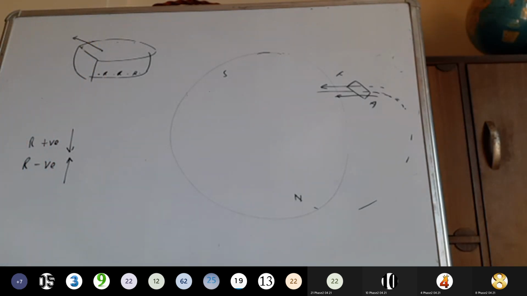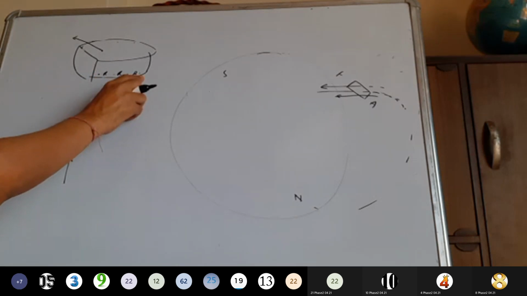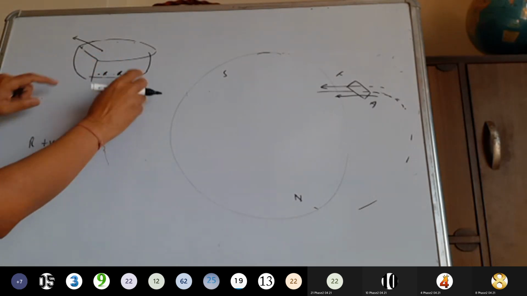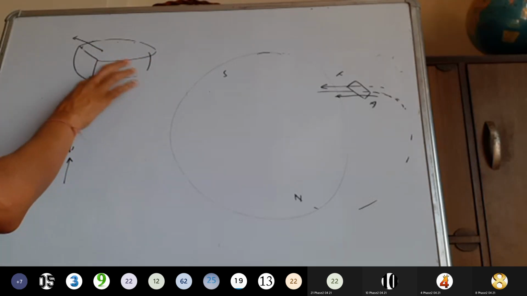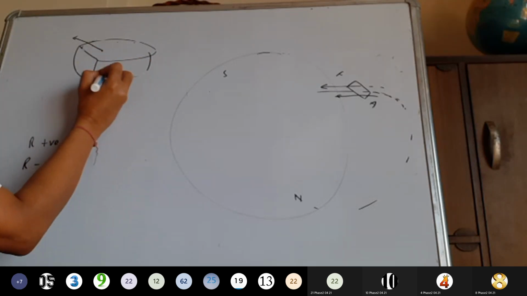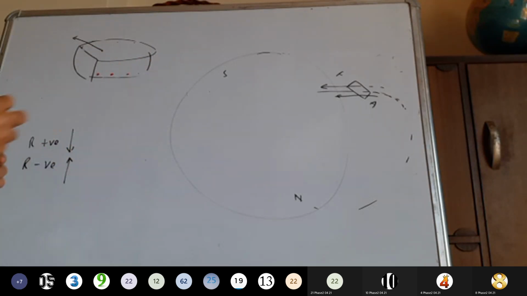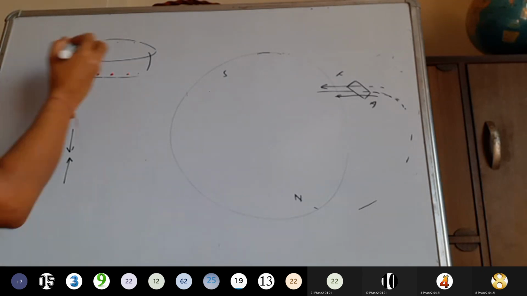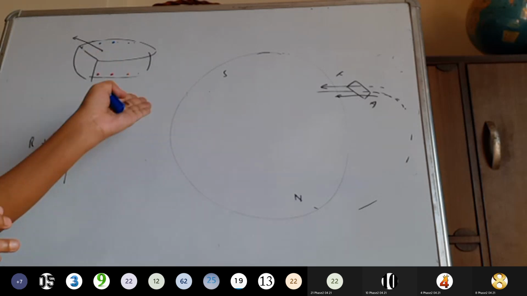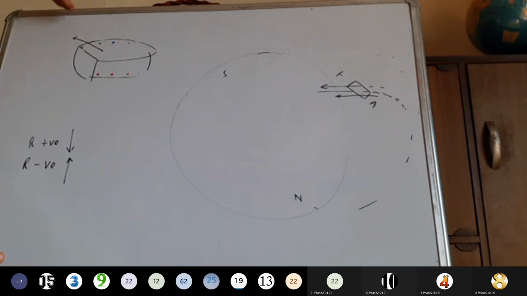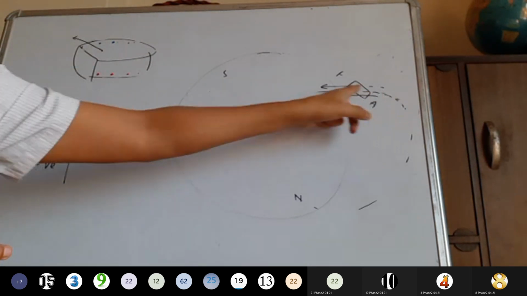So after these red and blue poles have been caused, red poles are caused here, and blue poles have been caused on the other side, because the lines of force were coming like this. As you can see, the ship is being built like this.